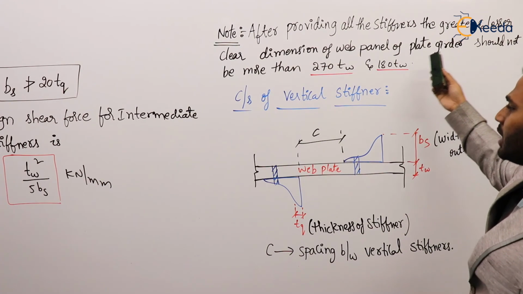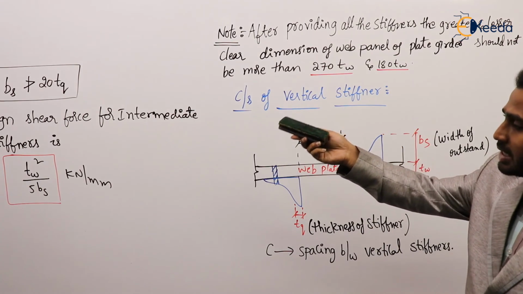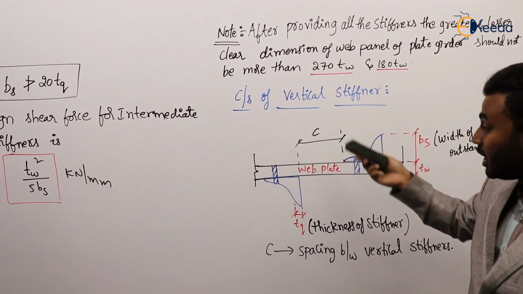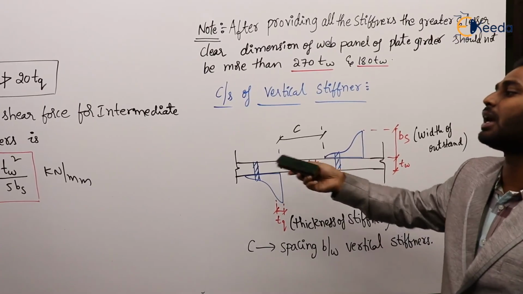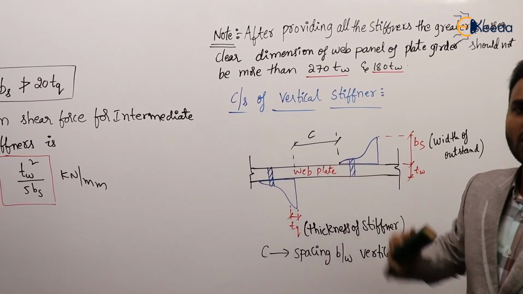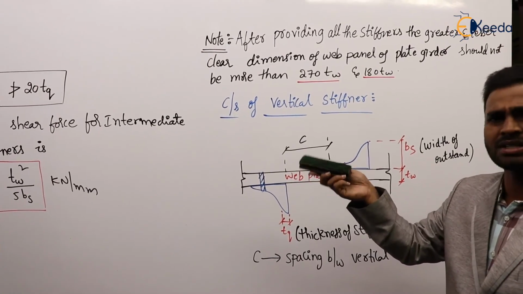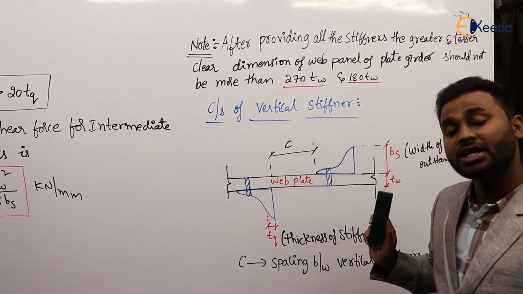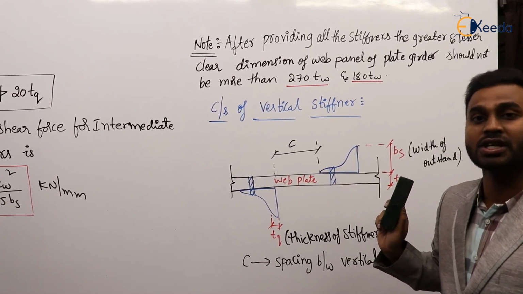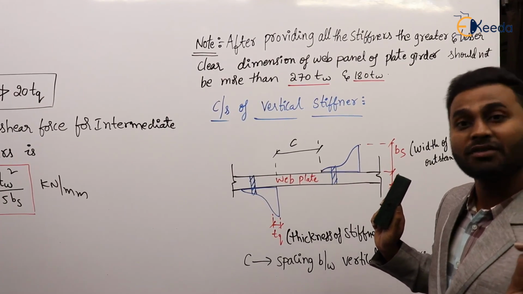Before going into it, there exist some formulas, some provisions for moment of inertia of this vertical stiffener and then longitudinal stiffener. So I will explain those moment of inertia formulas, and after that we will see the condition for providing the transverse and longitudinal stiffener based on thickness of the web. Agree?